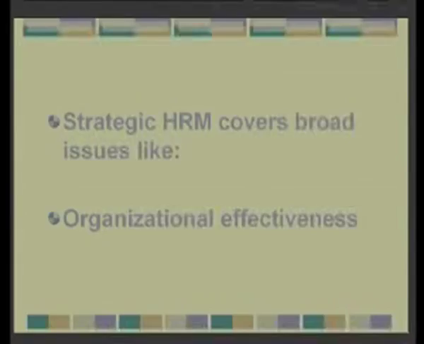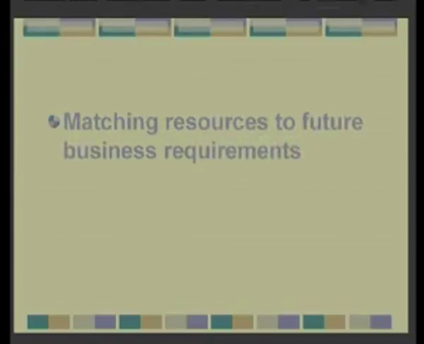So, some of the issues that I am trying to list here are the organizational effectiveness issue, the issue of performance, the issue of competence, the issue of matching resources to future business requirements. Here HRD becomes an important aspect, the future business, future requirement of resources that we have.